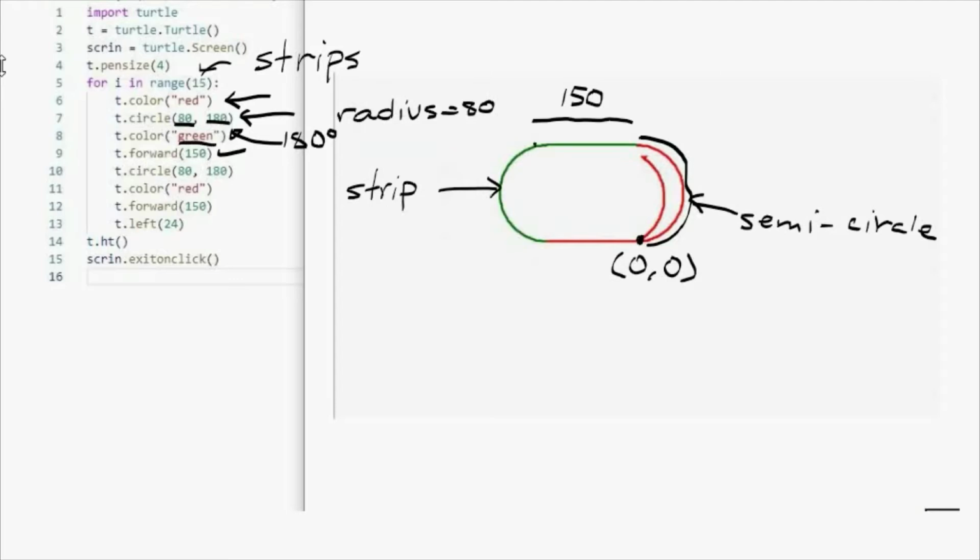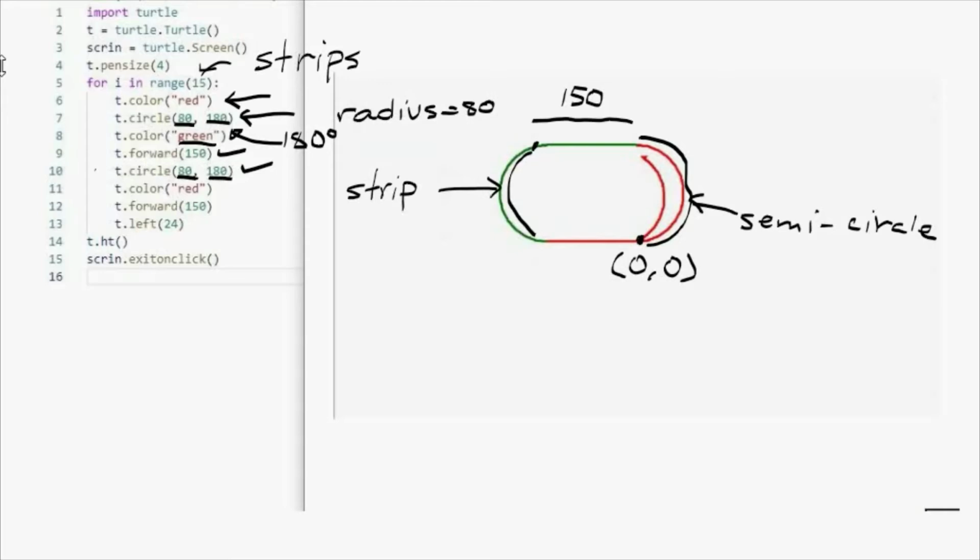Okay, at this point here, after drawing the line, we draw another semicircle. This is the semicircle. And this is the command for drawing the semicircle. Again, the radius is 80 and the angle over which we draw the semicircle is 180.